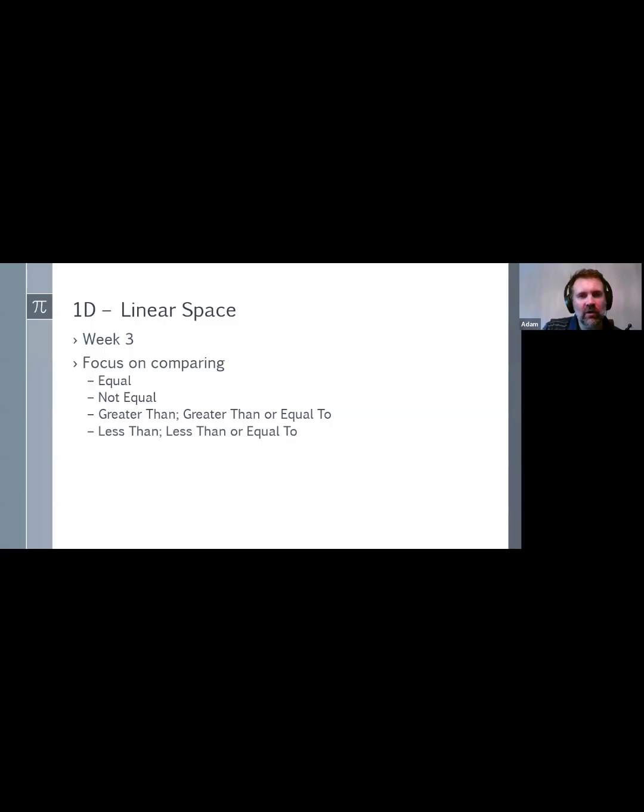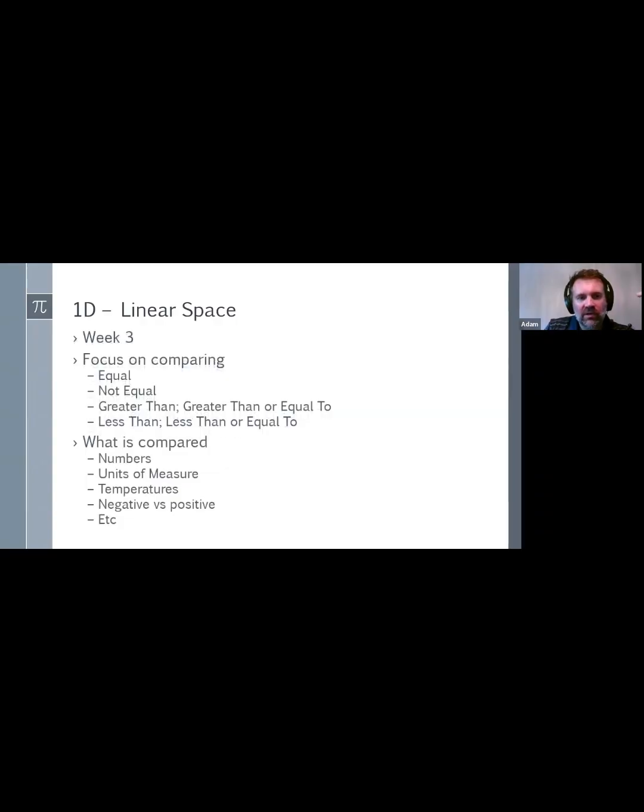So you're going to learn and focus on comparing: equal, not equal, greater than, less than, greater than or equal to, less than or equal to. These comparison operations let you compare one side of your equation from the other. But again, we're looking at plus and minus.